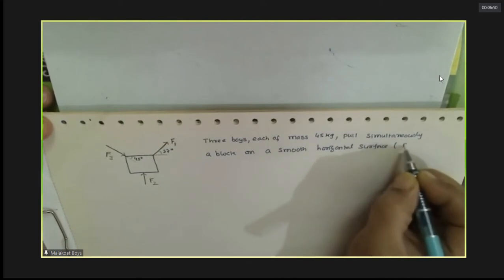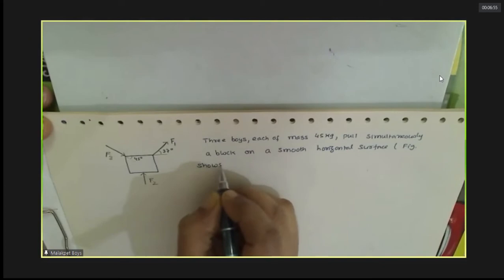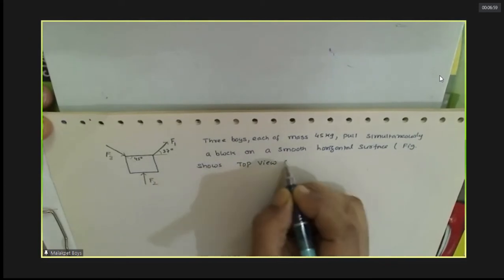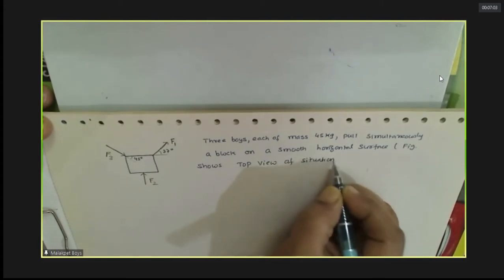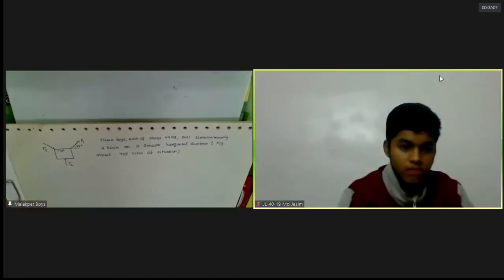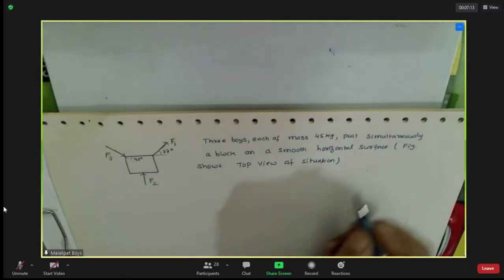If this figure shows the top view of the situation, that is, from the top, you will see the three persons pushing like this, pulling like this. Understood? Any doubt?